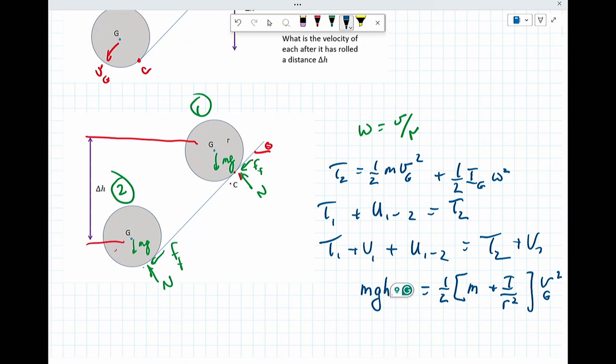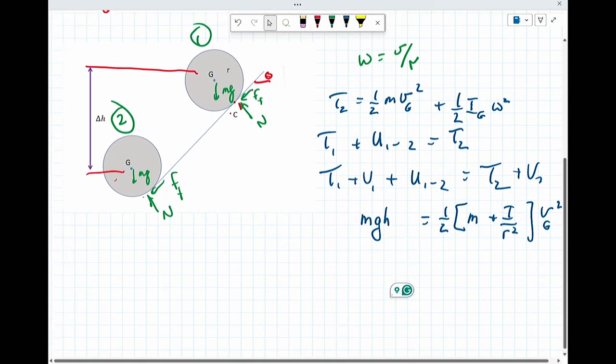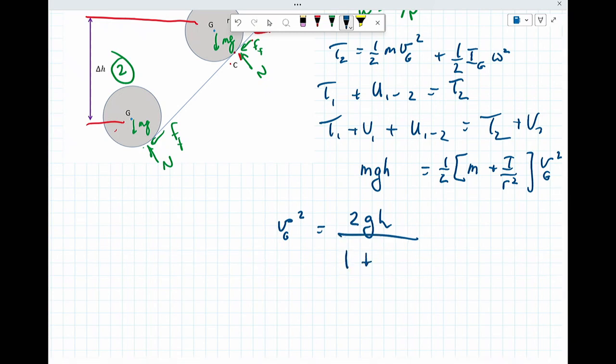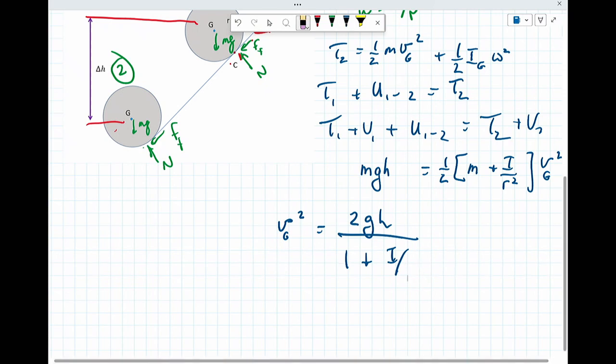So for v g squared, I have twice g h all over 1 plus I over m r squared. There we go.